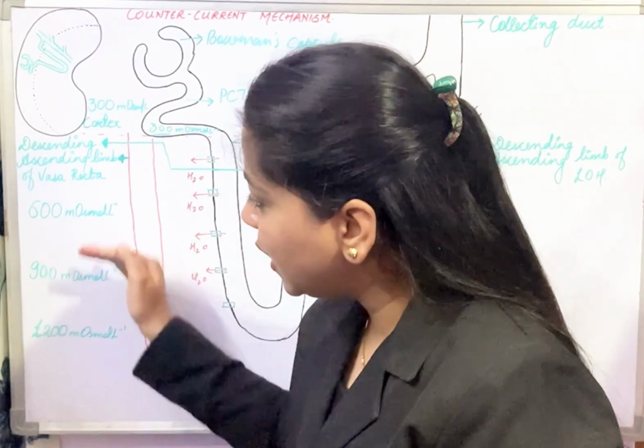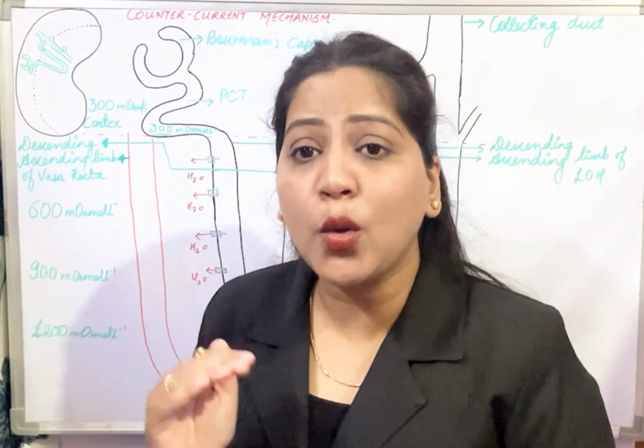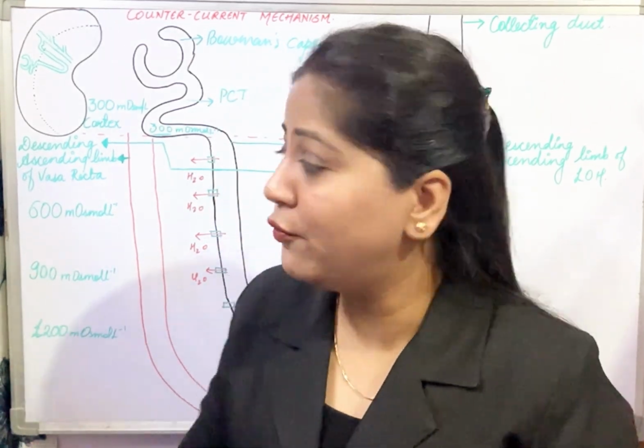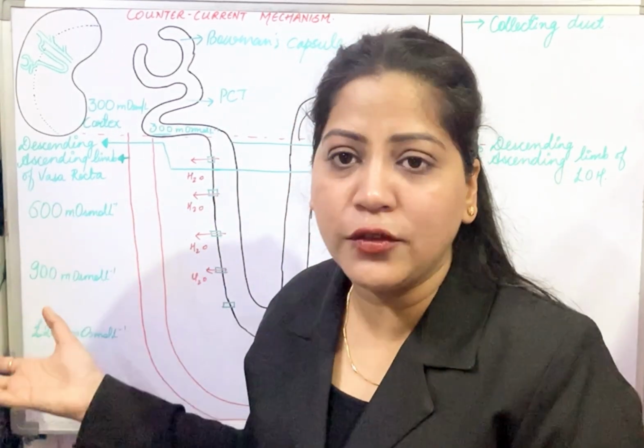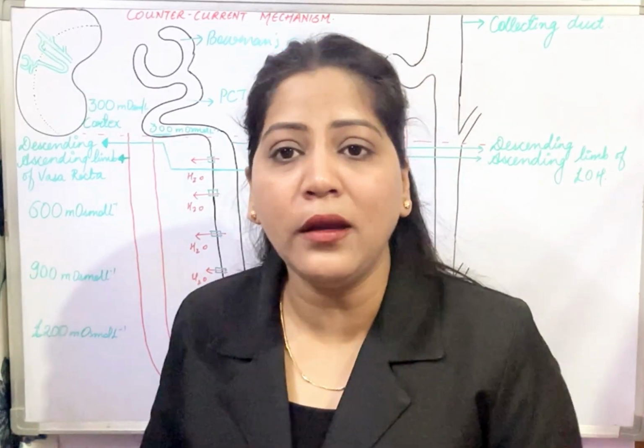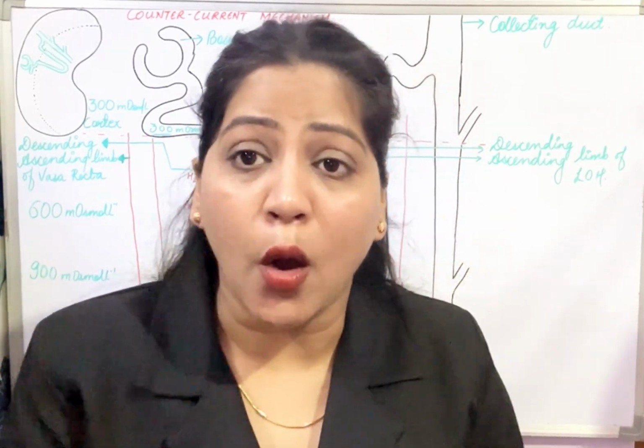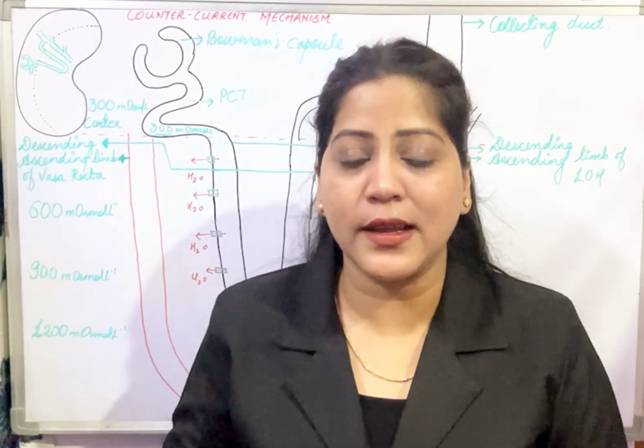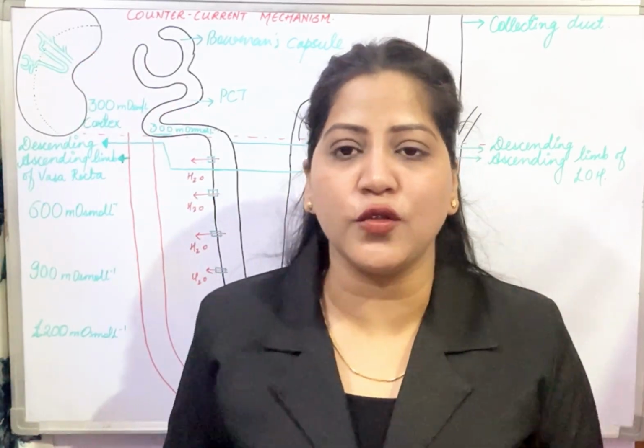As you move down in the medullary region, the concentration gradient will vary from 600 to 900 to 1200 milliosmol per liter. We are talking about the osmolarity difference in cortical and medullary regions of the kidney.